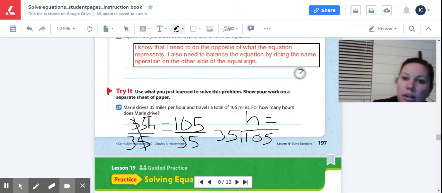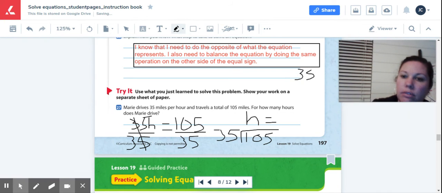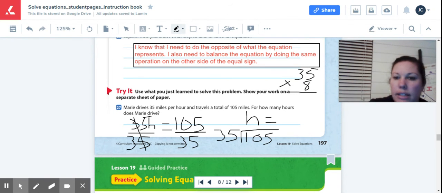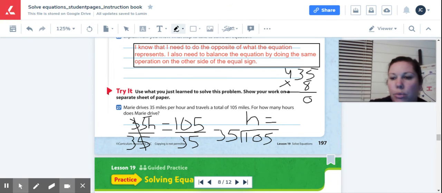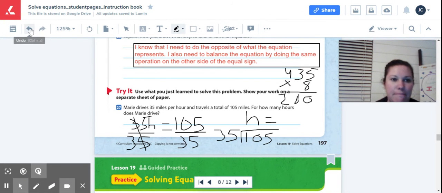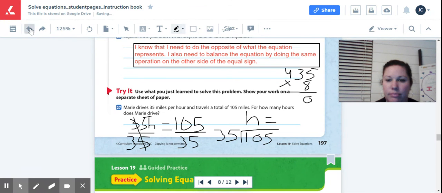So I'm going to do that up here. 35 times 8. And let's see, 8 times 5 is 40. 8 times 3 is 24. Plus 4 is 28. Ooh, that's definitely not going to work because that's way too high. That did not work. Ha! So let's undo that. 8 was way too high.